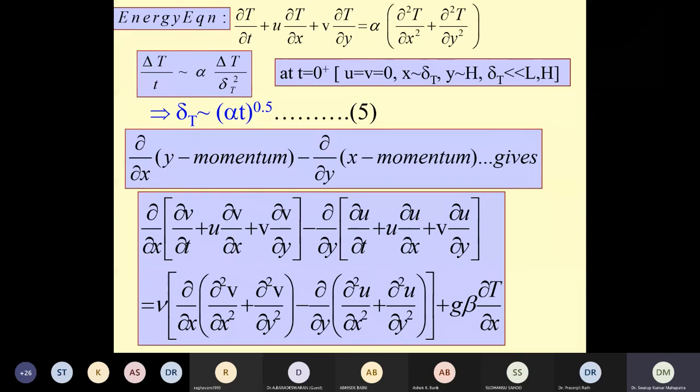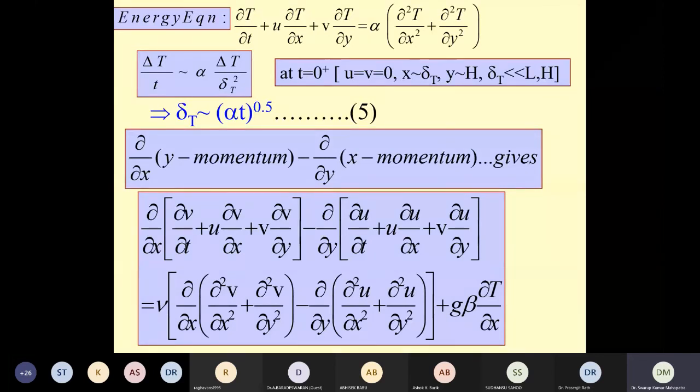This is the order for the scale analysis, which says that this term is of much higher order compared to the other one. So these can, for the time being, be neglected, and on that basis the situation becomes very simplified, and the boundary layer thickness can immediately be expressed through equation number 5, that is (alpha t) to the 0.5.